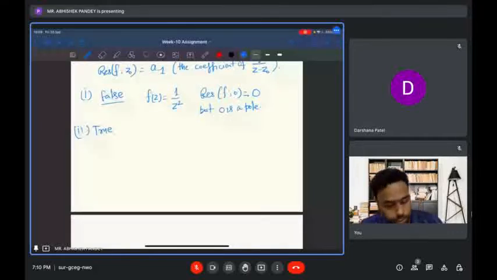If z naught is a removable singularity, then a_n equals 0 for all n less than or equal to minus 1.